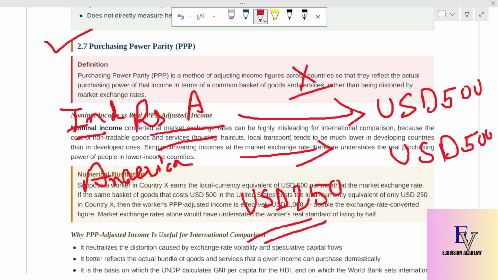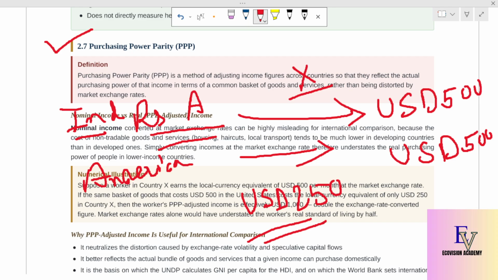So with the exchange rate conversion, you spend 250 dollars for something in India, and I have to spend 500 dollars for the same thing in America. This is basically purchasing power parity.